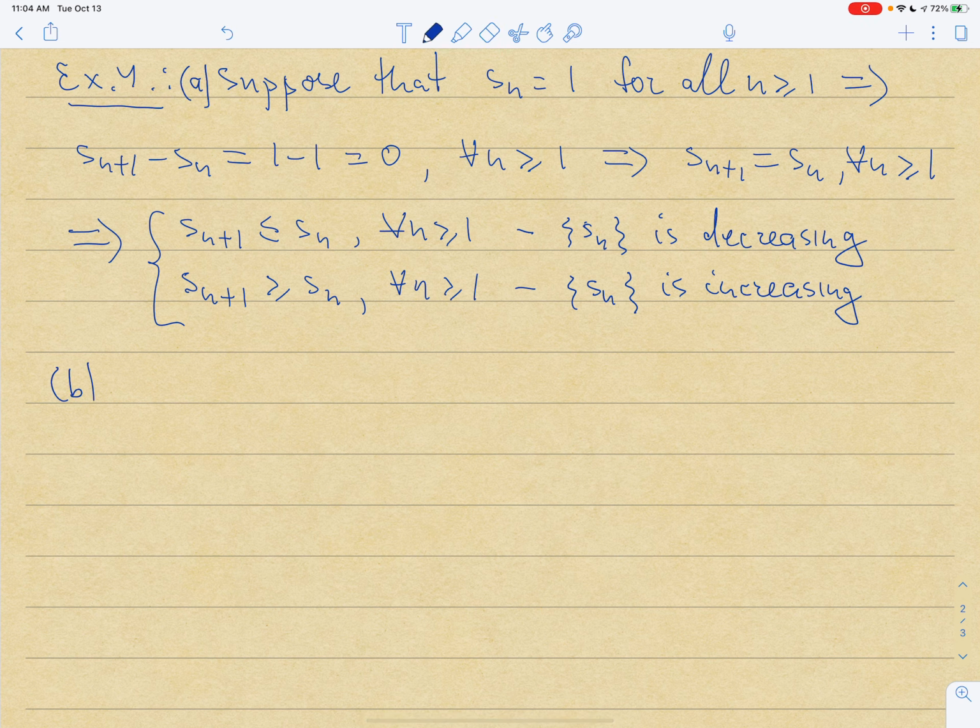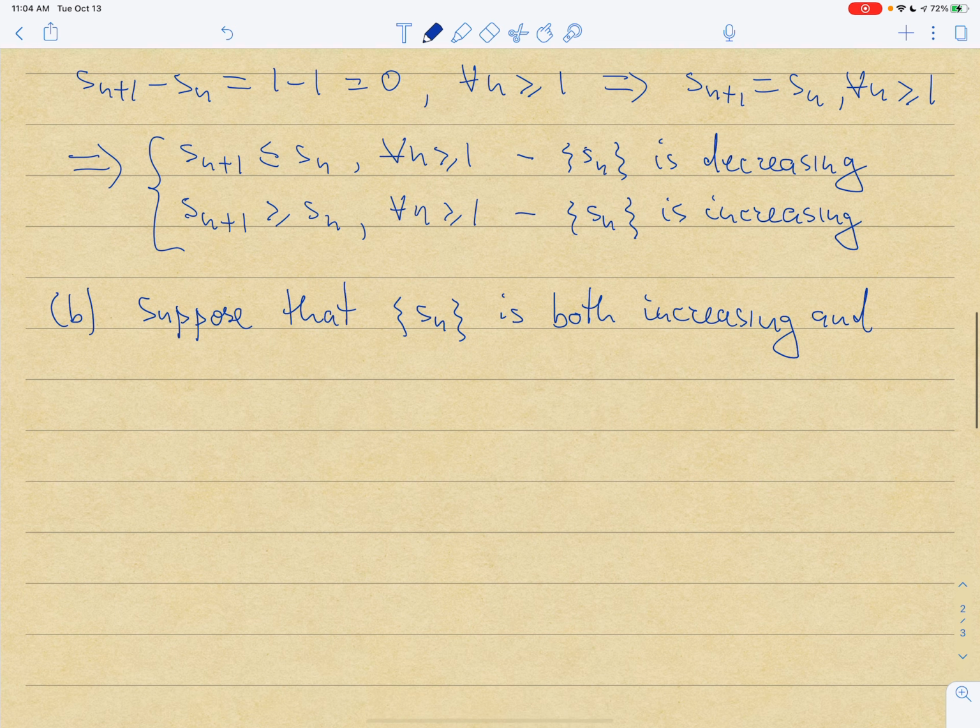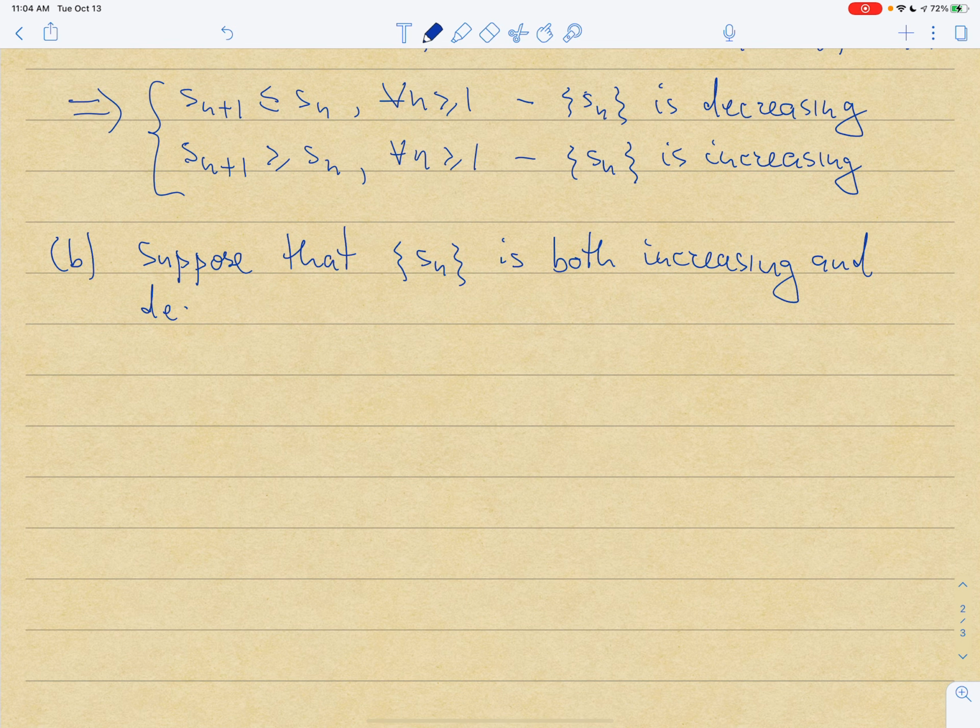So let's call this part A. Part B. Suppose that I have a sequence Sn, which is both increasing and decreasing. What does it mean?